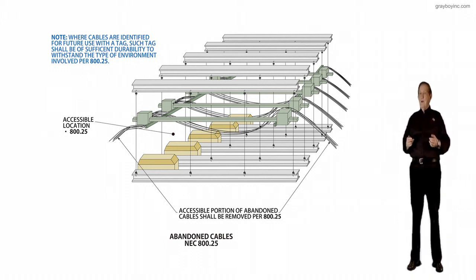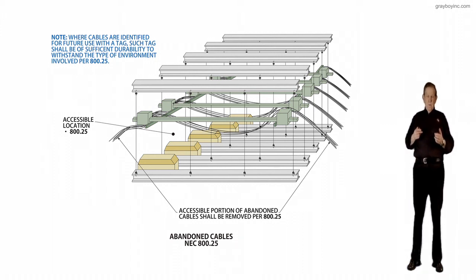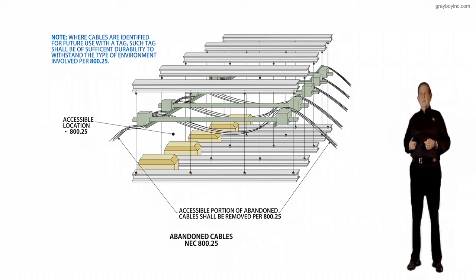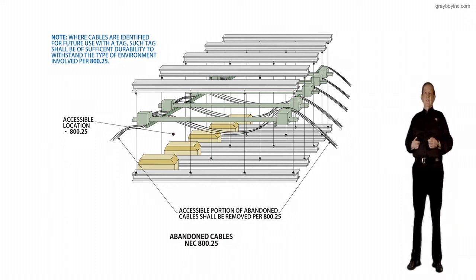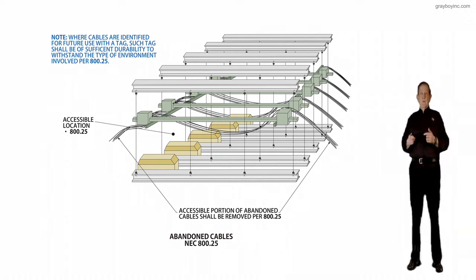There's quite a few of them. So be sure you review them. We reviewed some of them and talked about some of them that the authority having jurisdiction may have problems with, but we just haven't reviewed them all.